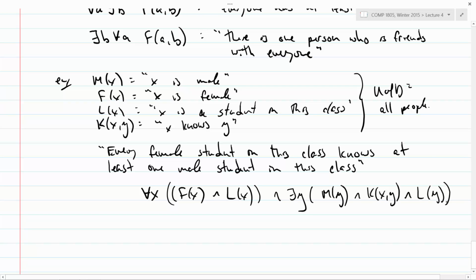All right. Thoughts about this? Yeah, I have an and sitting out here in this for all statement, and maybe that's concerning. So really the two options here are and or implies. Those are the only two things that make any kind of sense.